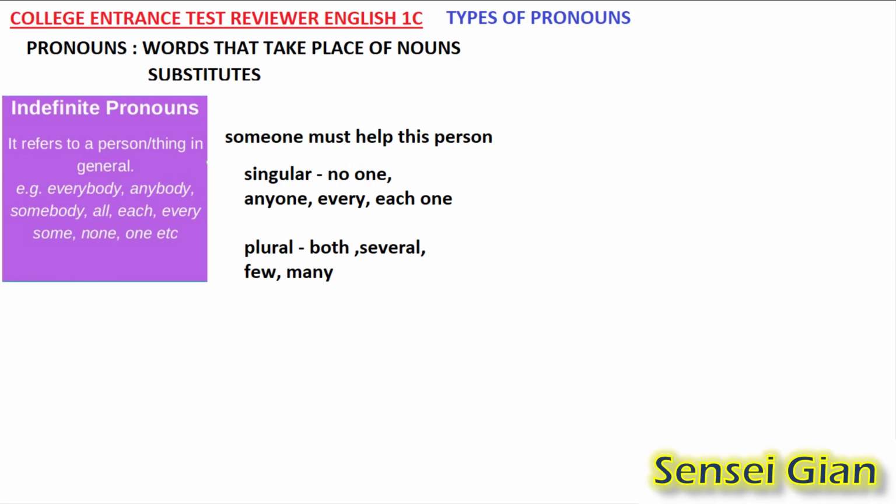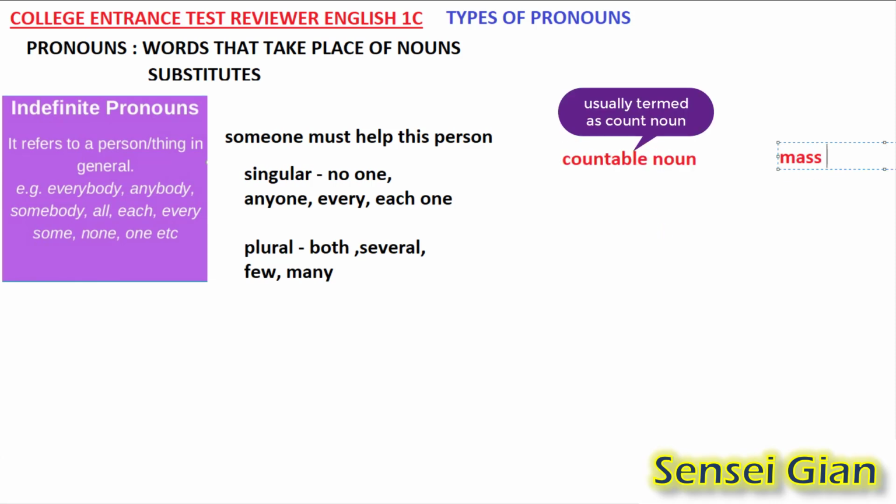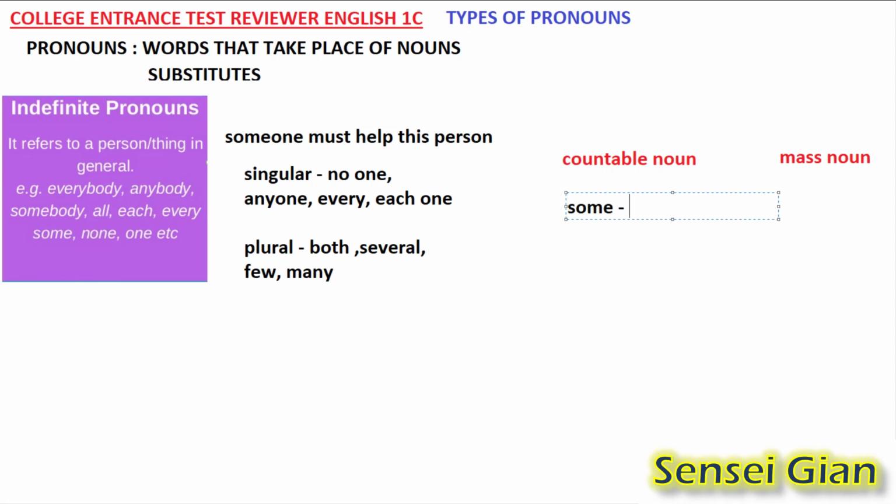It depends on the kind of noun you are trying to describe. There's a countable noun and there's a mass noun. So it depends whether or not this indefinite pronoun will be singular or plural. I'll give you an example. If you use "some people", it's actually plural.